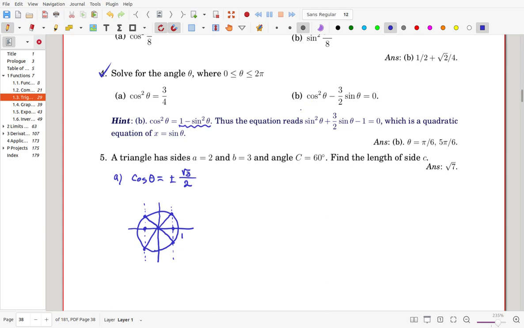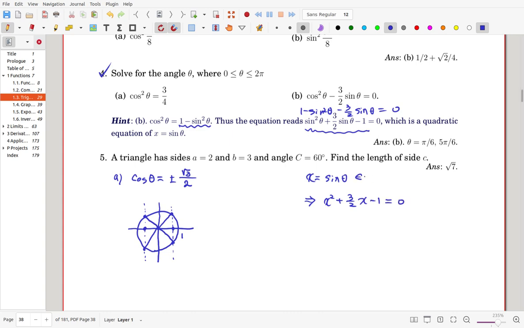So 1 minus sine squared theta minus 3 over 2 sine theta equals 0. We multiply by minus 1 to obtain that one. Then if we choose x equal to sine theta, the equation becomes x squared plus 3 over 2 x minus 1 equals 0.